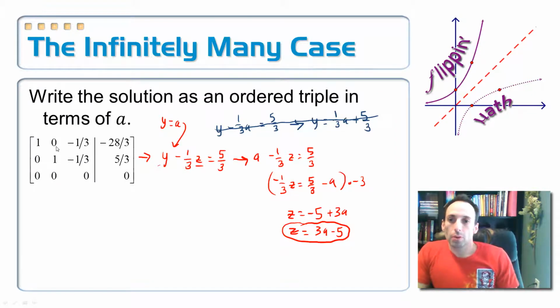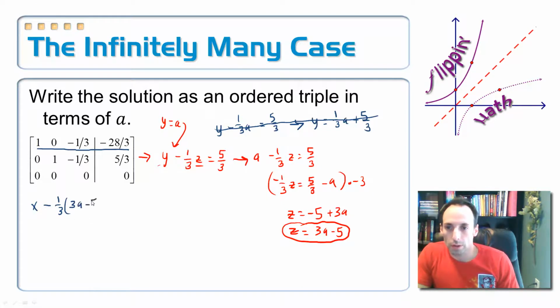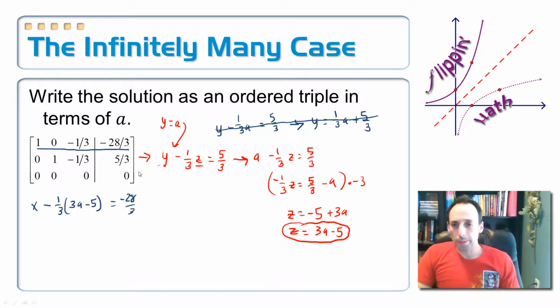So now we're going to take both of those and put them into the top equation so we can find out what x is in terms of a. The top equation is x minus 1/3 of 3a minus 5, all equal to negative 28/3. Now let's distribute here.